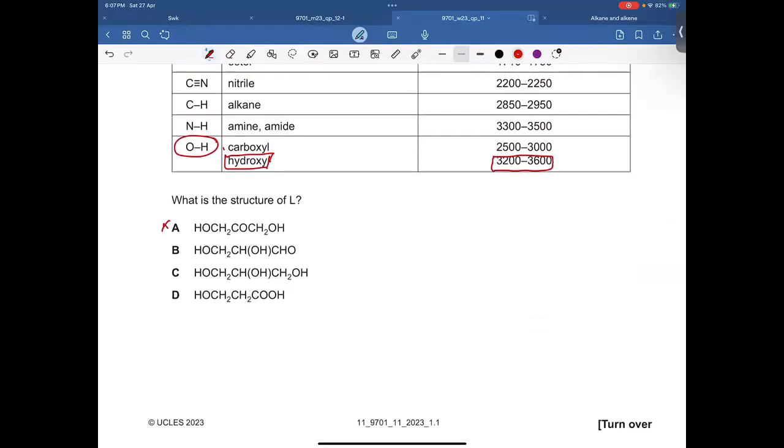Option A is incorrect because carbonyl peak absent in the spectrum. Similarly, it is aldehyde. Aldehyde contains carbonyl, so carbonyl peak absent. Then we have carboxylic acid. Carboxylic acid, very broad peak absent.